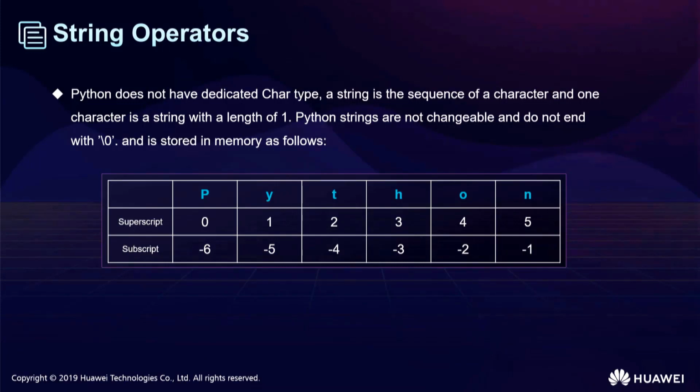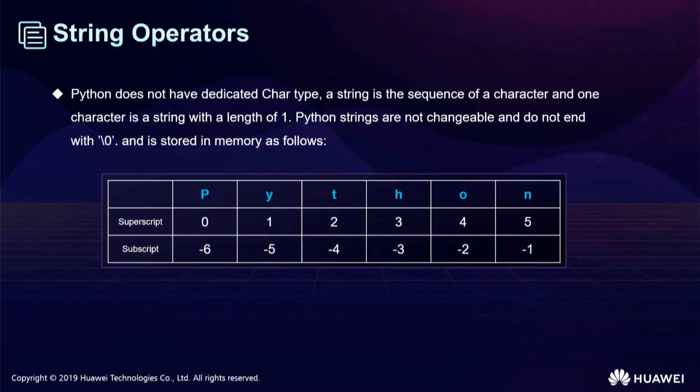In Python, subscripts start from 0, and -1 indicates the subscript of the last value in the sequence. 1 indicates the subscript of the second character. -2 indicates the subscript of the second to last character, and so on.